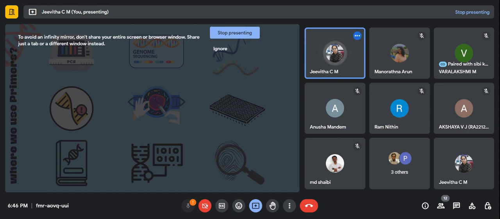And this is RT-PCR, where you will be getting cDNA from the RNA, and this plate represents a qPCR, which is when you are going for your expression studies, you will be doing the real-time PCR, which is also called qPCR. And there is cloning, DNA library preparation, DNA mutation analysis, and fingerprinting, forensic.